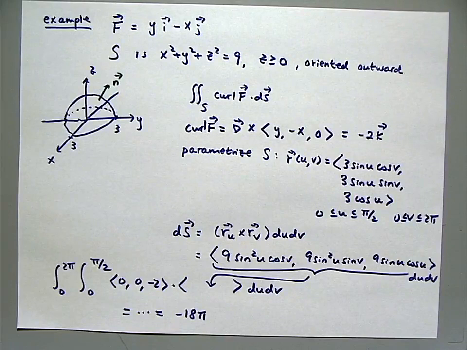How about 3 cosine t, 3 sine t, 0, where t goes from 0 to 2 pi? So that's very easy. dr is the derivative of that: minus 3 sine t, 3 cosine t, 0, dt.